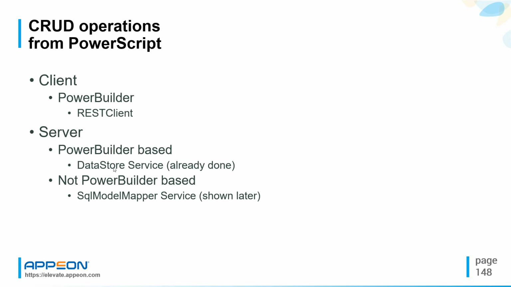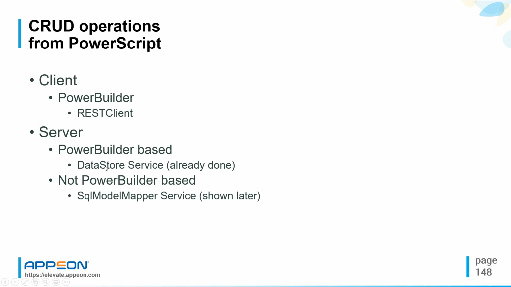They can also generate plain JSON, and so we're going to look at doing it both ways. Once again, the SQL Model Mapper does just the plain JSON. The .NET data store on the server side by default does the data window JSON, but it can do plain JSON as well.